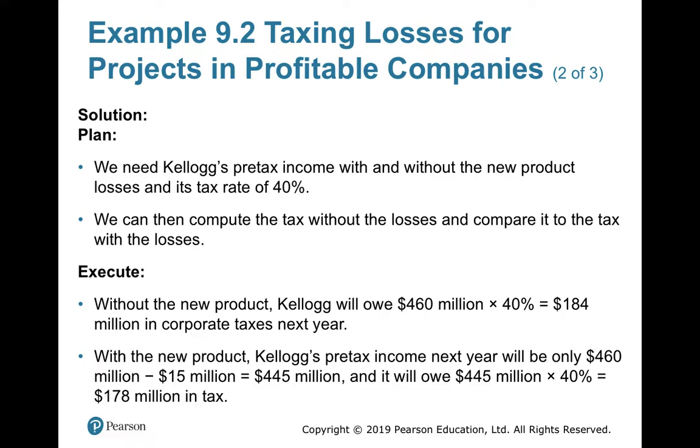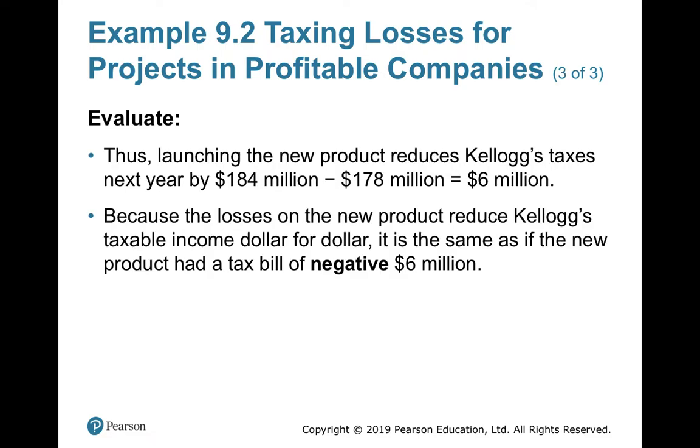So before, without product launch, the tax is 184 million. With the product launch, the tax will be 178 million. Because of the new product launch, tax reduced by 6 million. 184 minus 178 is equal to 6 million.